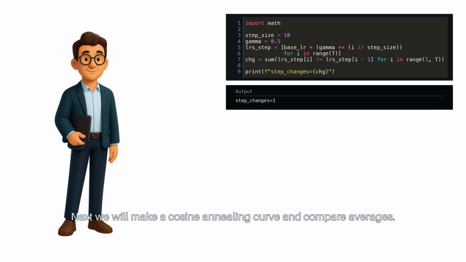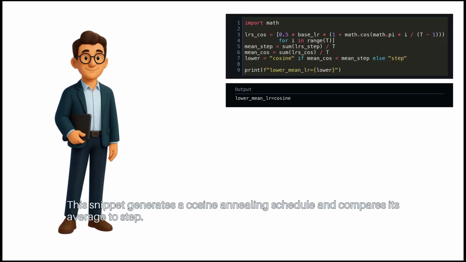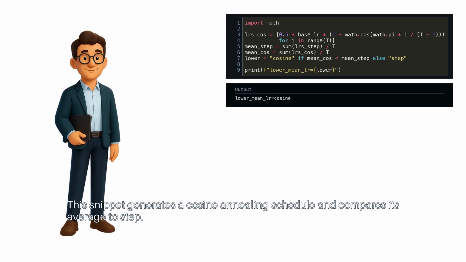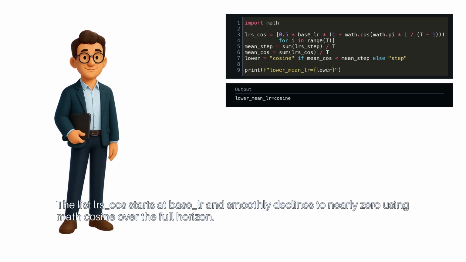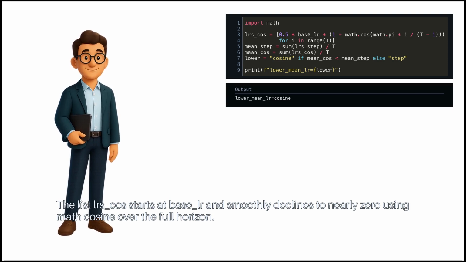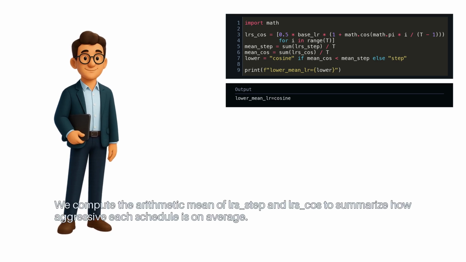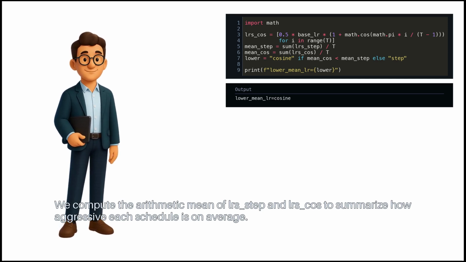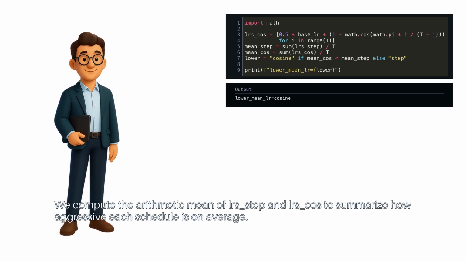Next, we will make a cosine annealing curve and compare averages. This snippet generates a cosine annealing schedule and compares its average to step. The list LRS cos starts at base LR and smoothly declines to nearly zero, using math cosine over the full horizon. We compute the arithmetic mean of LRS step and LRS cos to summarize how aggressive each schedule is on average.